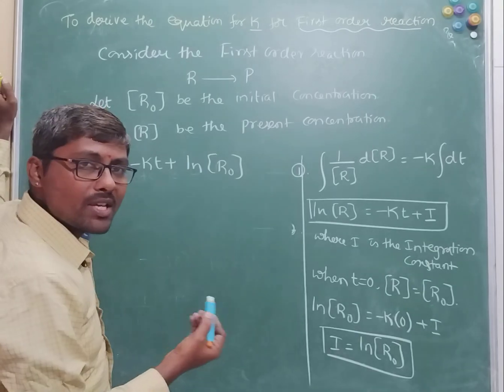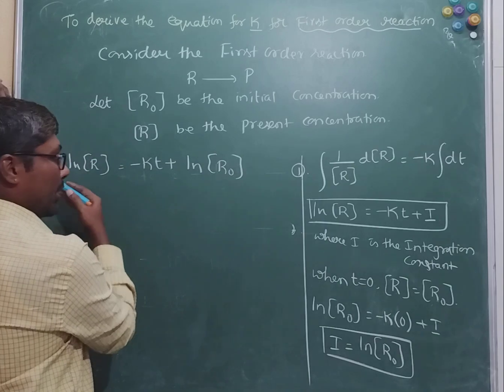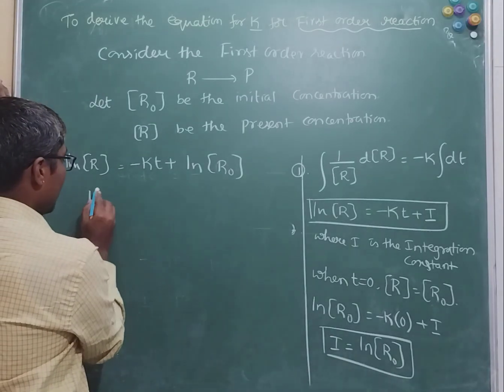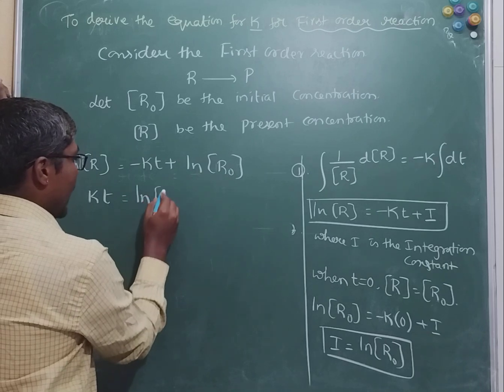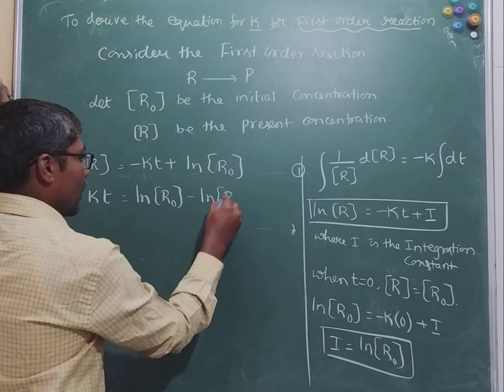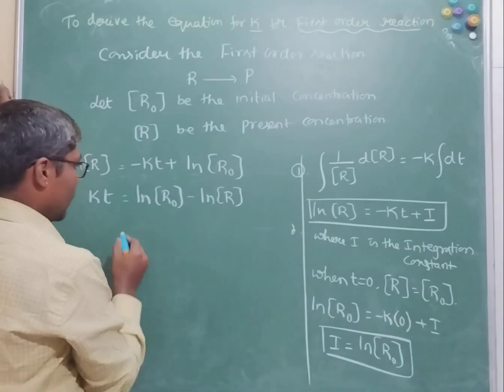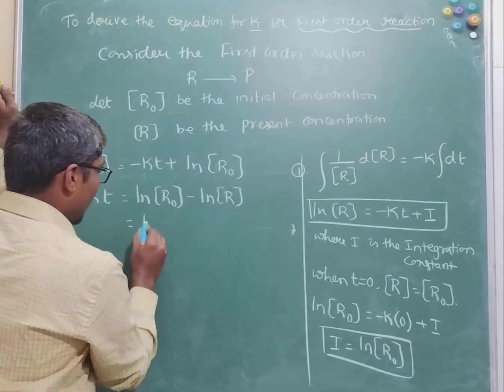Now we rearrange, taking the ln term to one side and Kt to the other side. So minus Kt becomes plus Kt, which is equal to ln R naught minus ln R, to which we can apply the logarithmic rule.